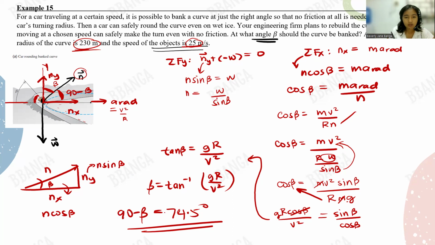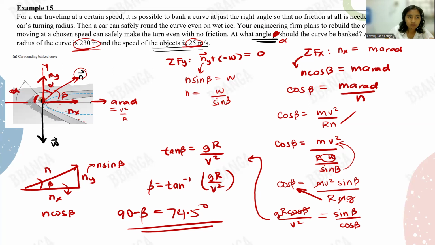So, same process lang, class, pangalanan ko na lang ito na iba. Okay, kasi kanina, ito yung pinangalanan kong beta. Sige, so ang tanong na lang ay, at what angle alpha? Ito na lang si alpha.